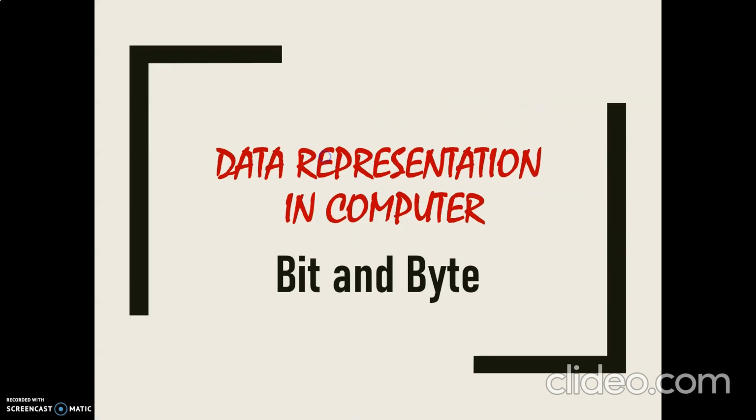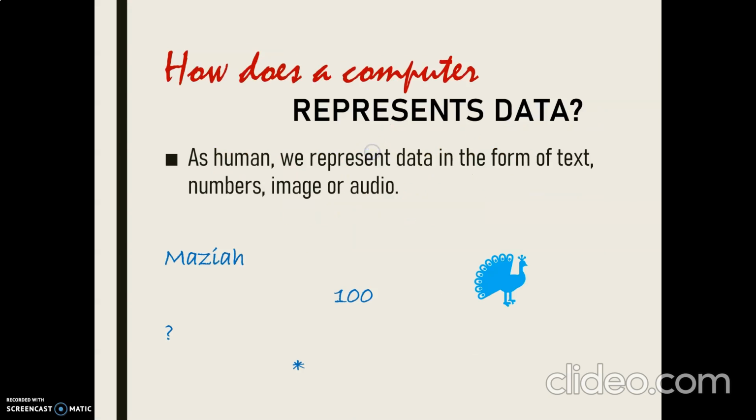It means we are going to look at how the computer represents the information that we type into it, the data that we type or process. As we can see in our view, data is in the form of text, numbers, symbols, or maybe an image or audio.